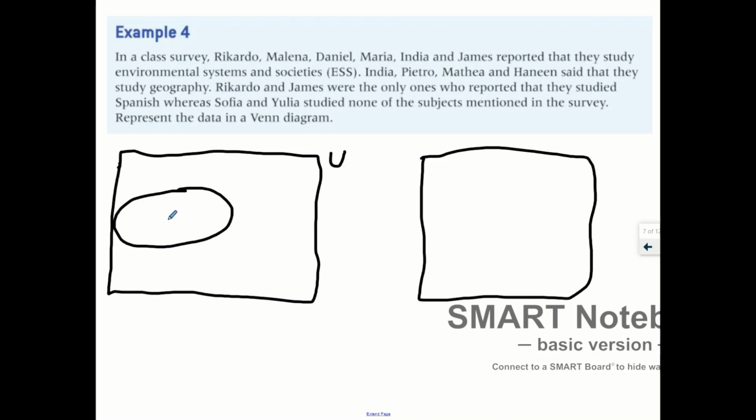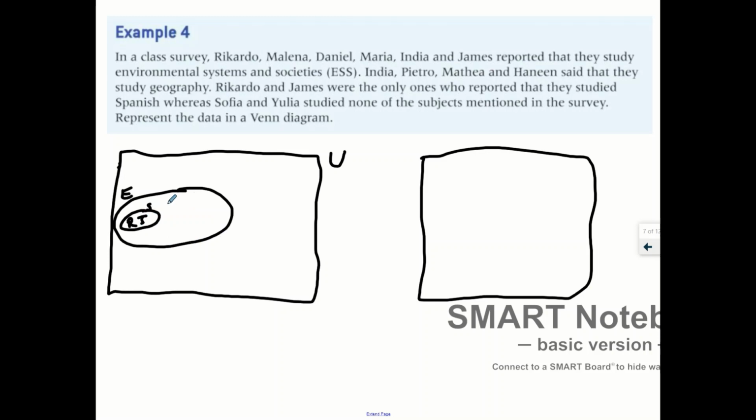We have Ricardo and James. They study Spanish, but they also study ESS. So we'll call ESS E. And Ricardo and James also study Spanish.